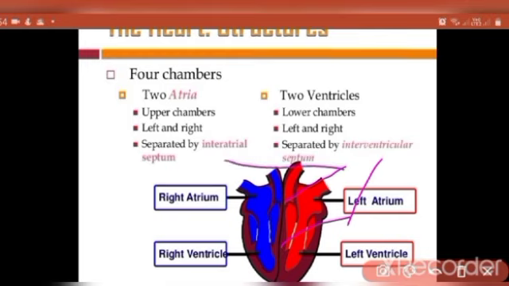Inter means between, ventricular means ventricles, septum means separation, and similarly the interatrial septum means the separation wall that is present between the 2 atria.